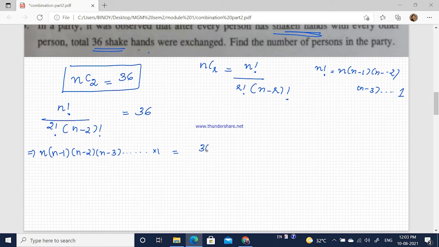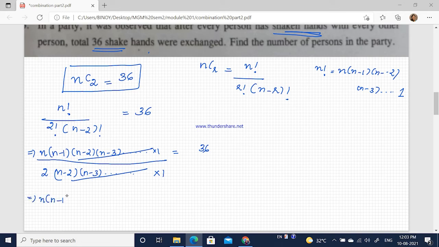Let it be 36 over here. The 2 factorial is just 2, and n minus 2 factorial can be rewritten as n minus 2 into n minus 3, likewise up to 1. So we can cancel these terms. So the equation will be n into n minus 1 equal to 2 into 36.